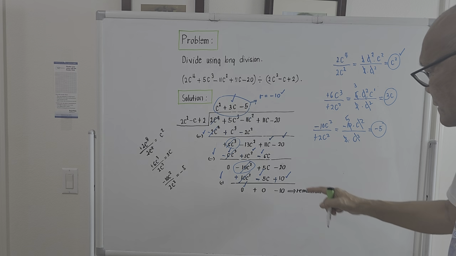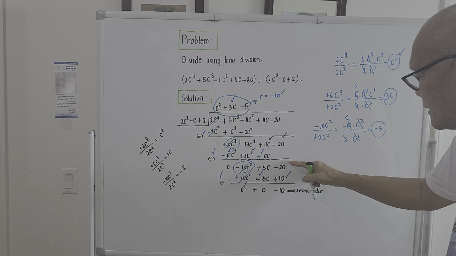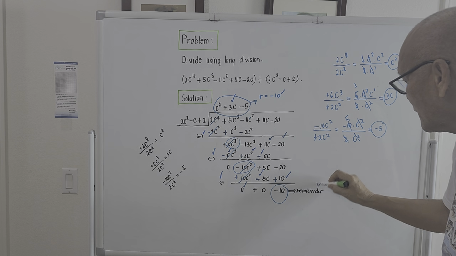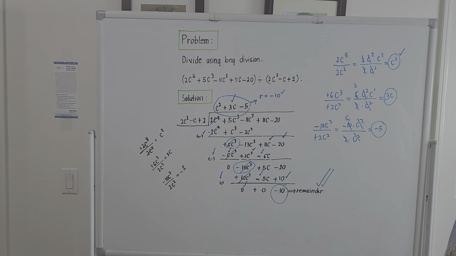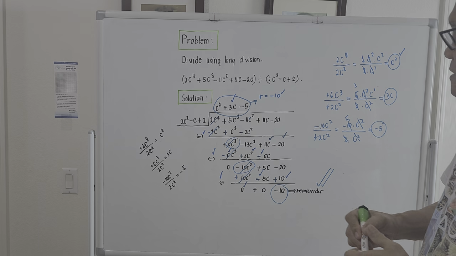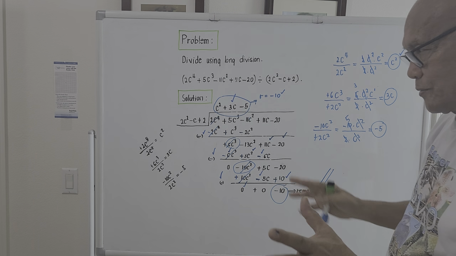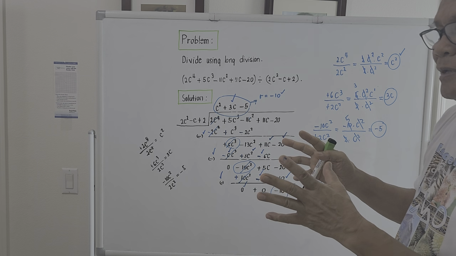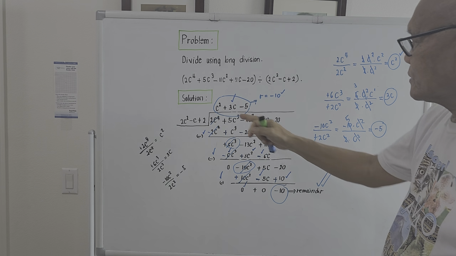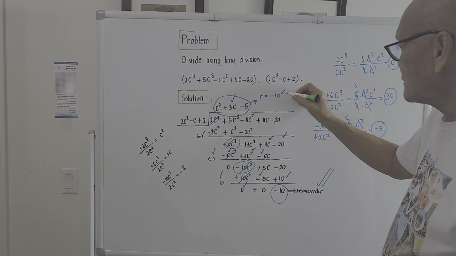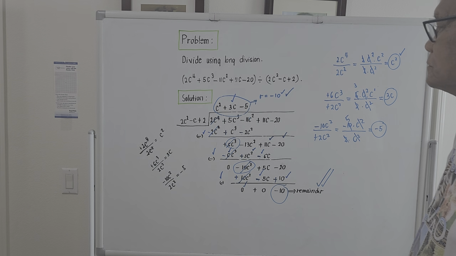So a minus 20, a plus 10 will be negative 10. And this negative 10 here is the remainder. So the first algebraic expression divided by the second algebraic expression, the whole partial quotient will be c squared plus 3c minus 5, and the remainder is minus 10.